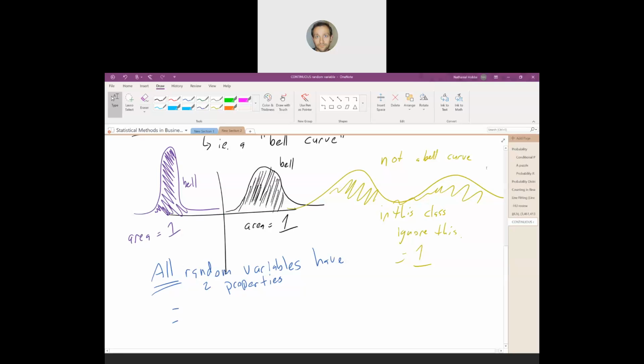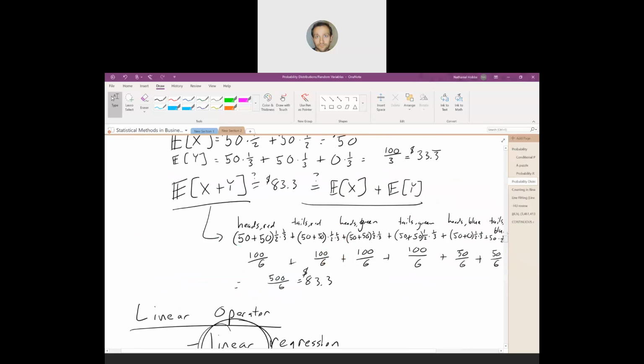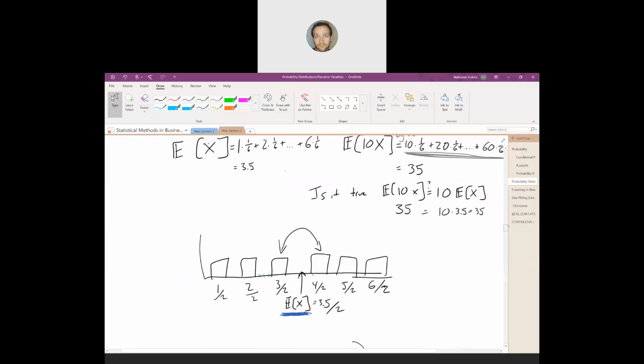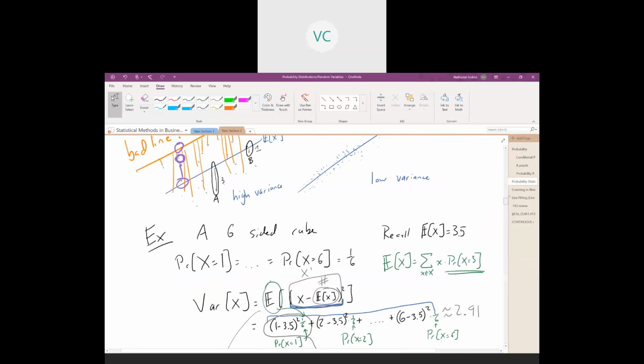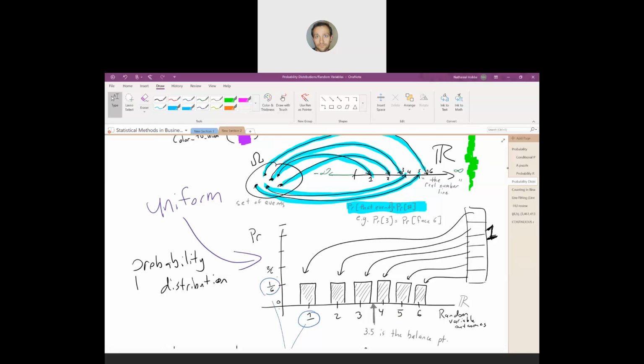Let me bring you back. Let me help you out a little bit. Here. Let me go up to... That works good. All right. So here's a probability distribution.